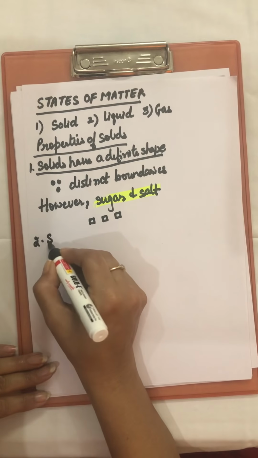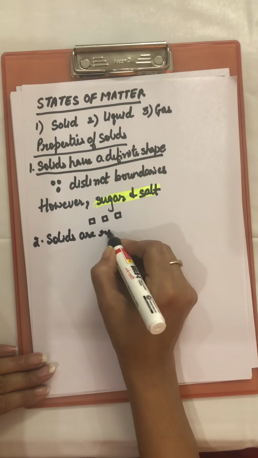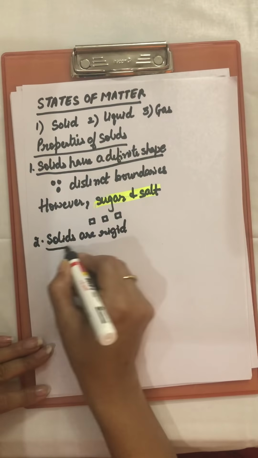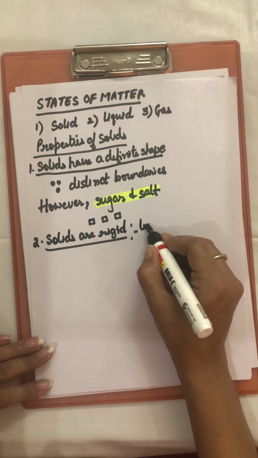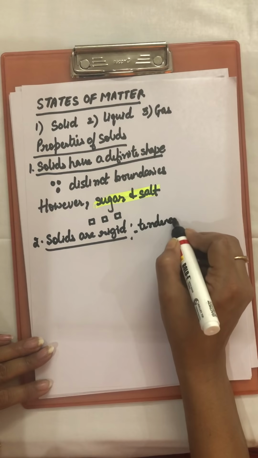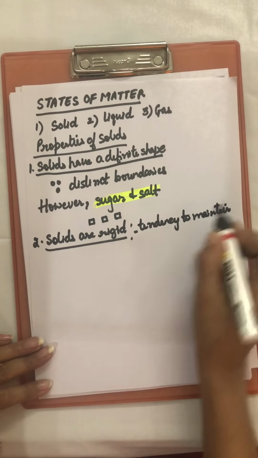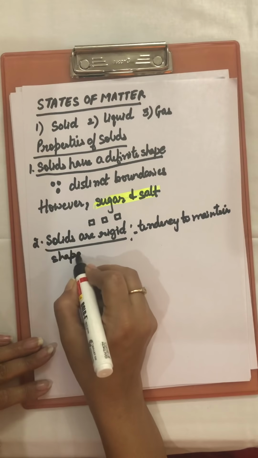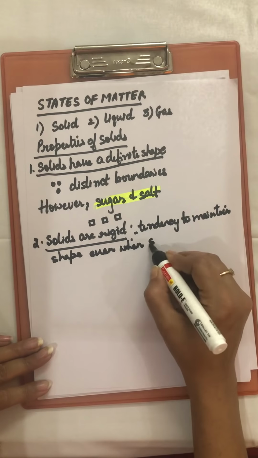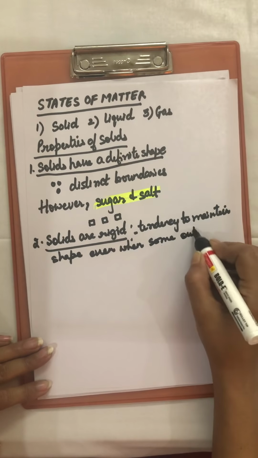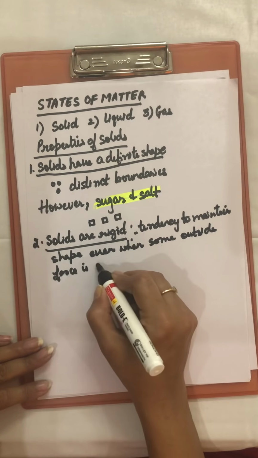Second property of solids, solids are rigid. Solids have a tendency to maintain their shape even when some outside force is applied.